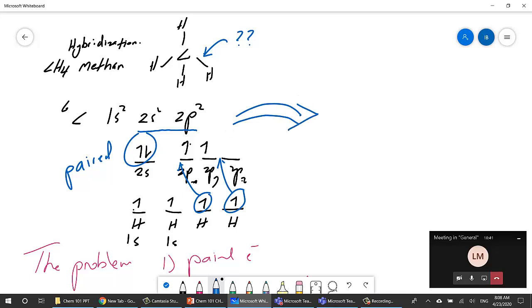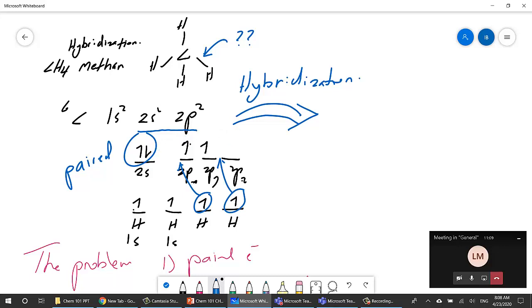So the solution is we go with hybridization. It's like, you know, in the hybrid car, you have an electric motor that works on both electricity and fuel. It's called a hybrid car. What happened here is that one electron from the 2s goes here.